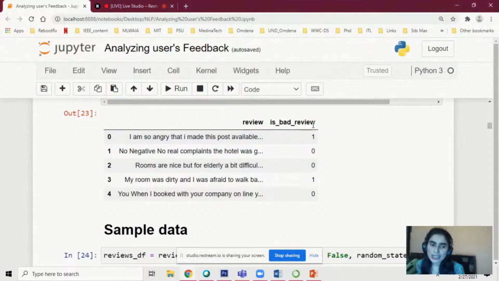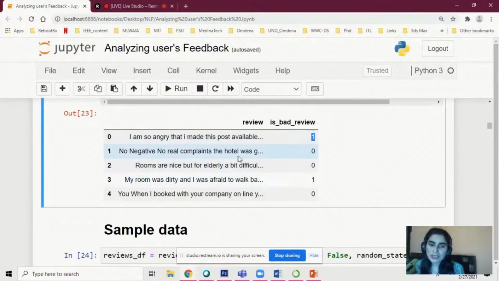At the moment our data frame has the review and is bad review values. "I am so angry that I made this post available", it is a negative review. So is bad review is one, yes, it is a bad review. "No negative, no real complaint, the hotel was...", whatever the complete sentence, it is 0, which means the review is positive. "Rooms are nice, but for Aldry it's a bit difficult."